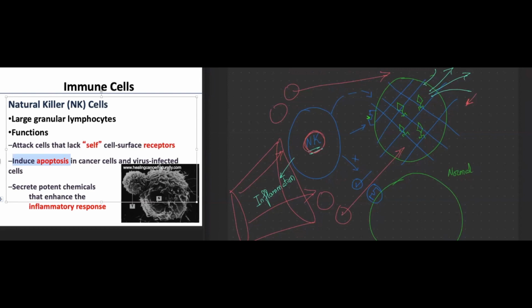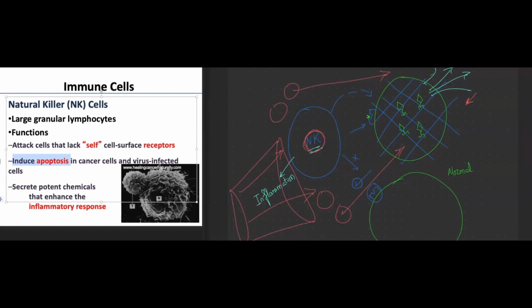So now the cell is producing copies of the virus. So some of the antigens the cell is going to be presenting on its surface are of this virus invading the cell. So once they detect there is a virus, or once they detect this cell is acting in a strange way, is turning malignant, at this point the natural killer cell induces apoptosis and starts to destroy those either infected cells or cancerous cells.